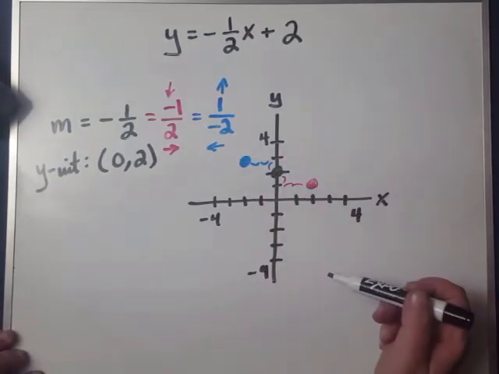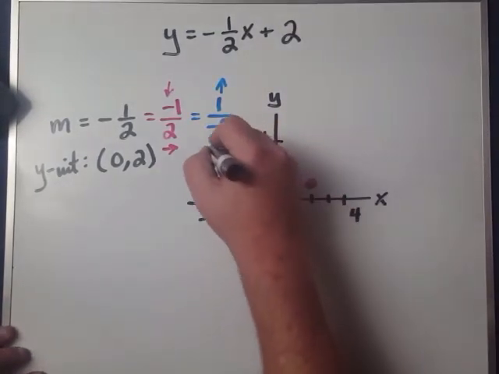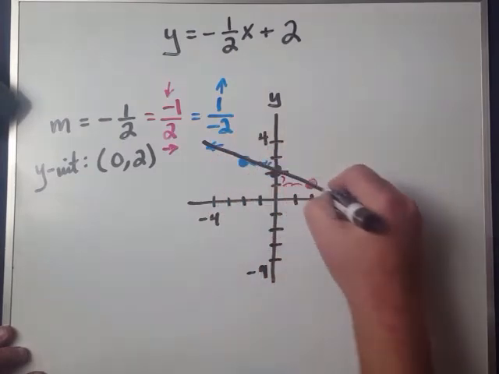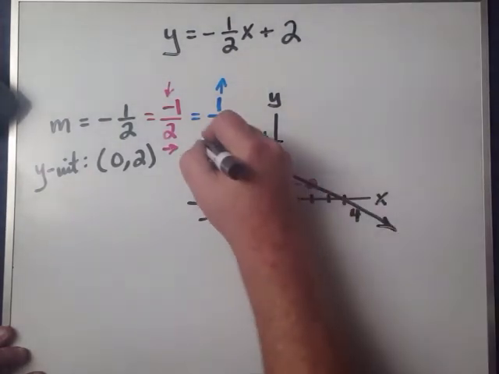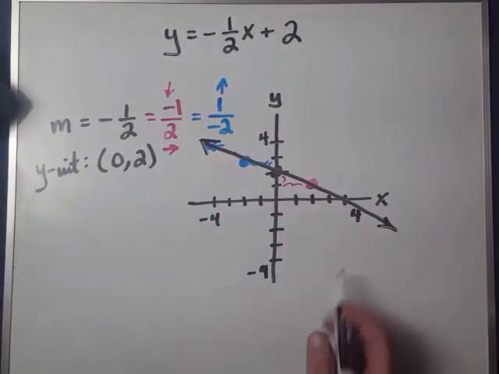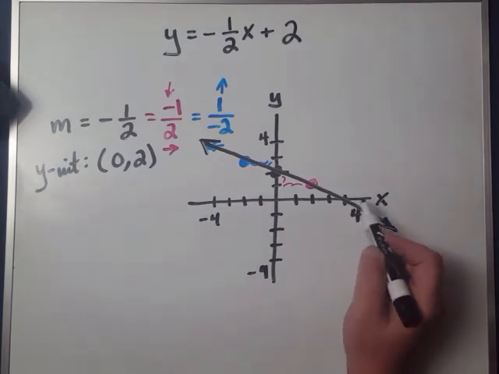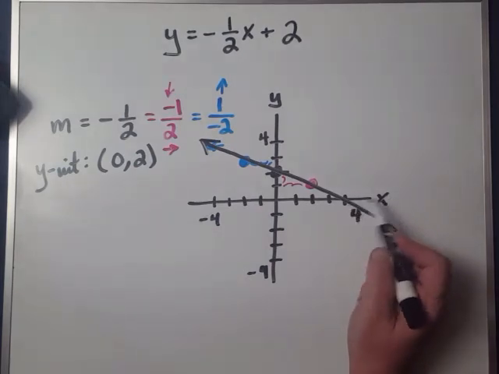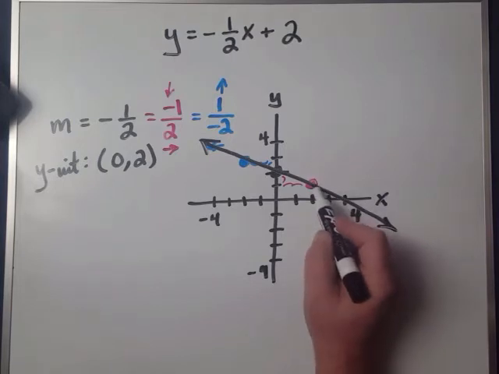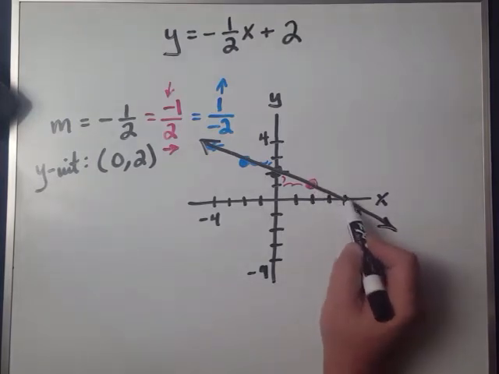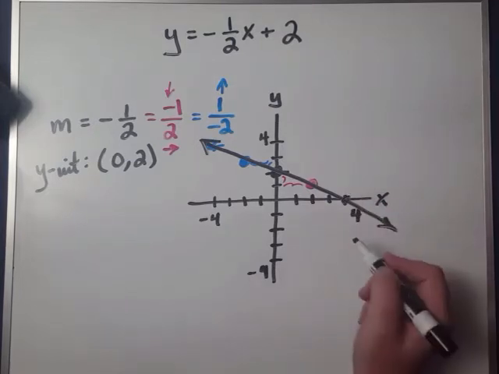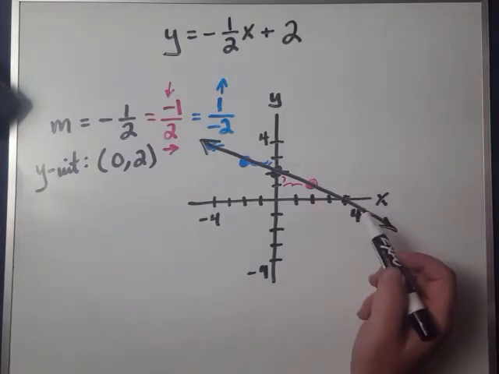All three of those points lie on the same straight line. And in fact, it is accurate. This will pass through 4 on the x-axis. I can tell because if I go from my pink dot down 1 and over 2 again, I land right on that 4 on the x-axis.